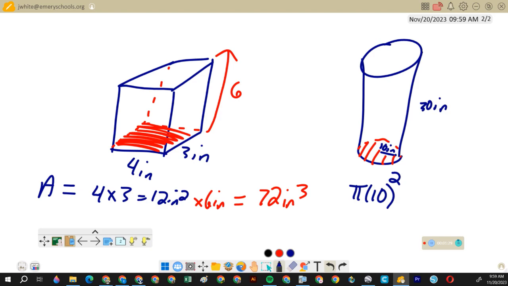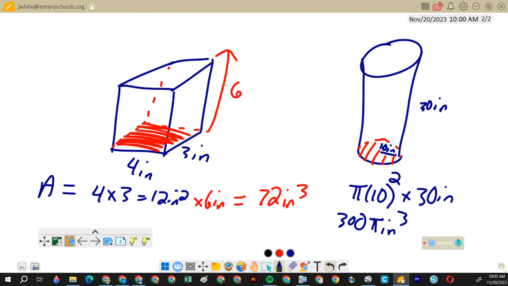So what is the volume? Well, I just take that area and I raise it up through the length of the entire cylinder. So we times this by 30 inches, and we get 300 pi inches cubed.